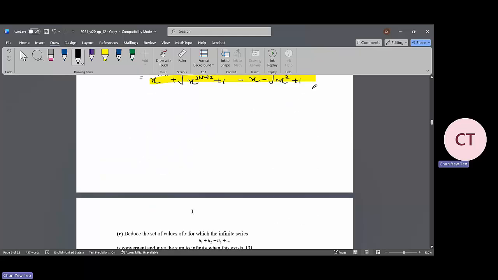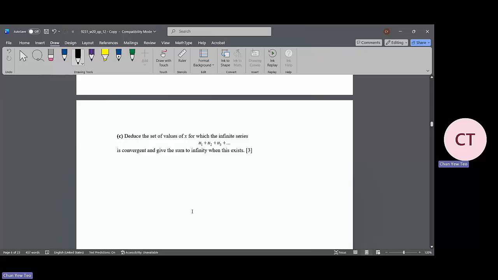Move on. We have part C. We want to deduce the sum to infinity, and we want to find the set of values x so that the sum to infinity is convergent. So our sum to infinity, that means sum from n equal to 1 until infinity, is actually the limit as n goes to infinity for the expression that we have found just now.